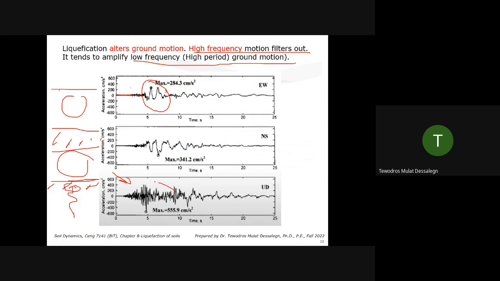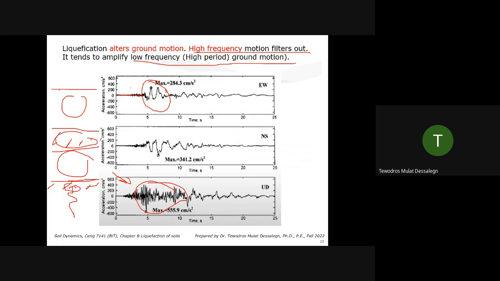What happened to this high frequency motion? Because this thing is turning into liquid, it's not passing anymore, or semi-liquid. If it was one solid, similar material throughout without liquefaction, you would probably see just some amplification on all high frequencies up to the top.